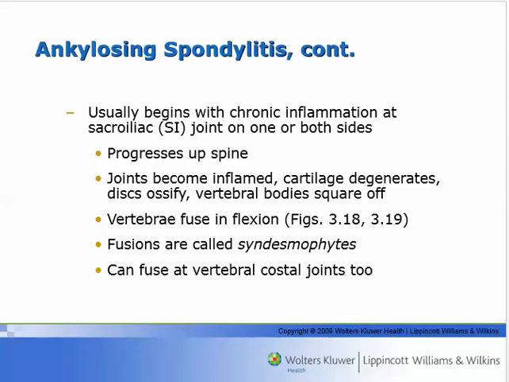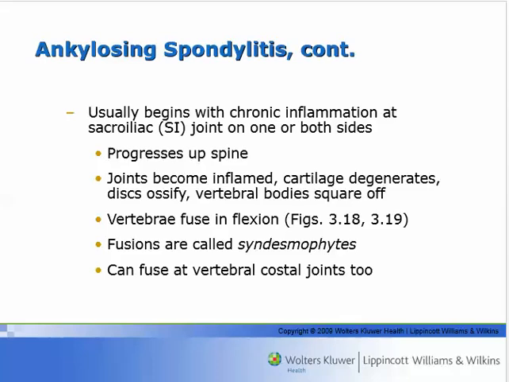And then it progresses up the spine. And as the joints become inflamed, the cartilage degenerates, and the discs start to ossify. The annulus fibrosus starts to die, and then the osteophytes move in, and it starts an ossification process.